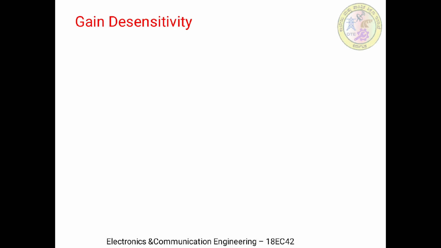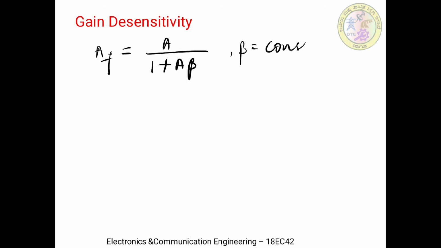We know that the AF, that is feedback gain AF, is equal to A divided by 1 plus A beta, where A is nothing but open loop gain of the amplifier, and here let beta be constant. Let us take this as the first expression.